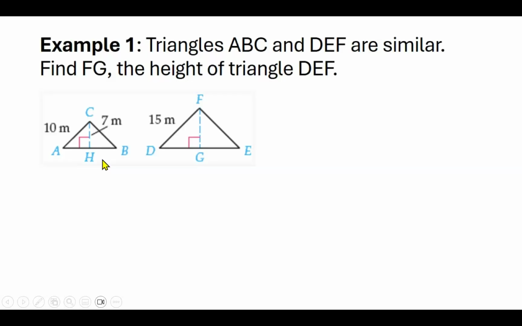I like to point out how even the way the book writes the orientation of the triangles is very consistent. So triangle ABC, I like how the orientation is always maintained. If you start on vertex A, you will go A, B, and then C. And to name the other triangle, you would go in the same direction.